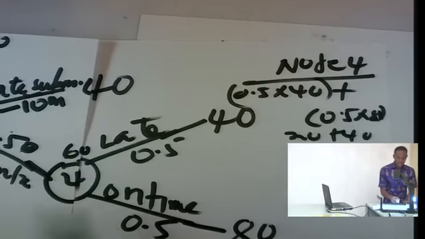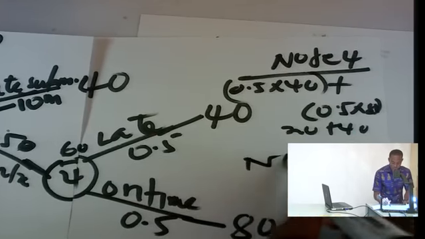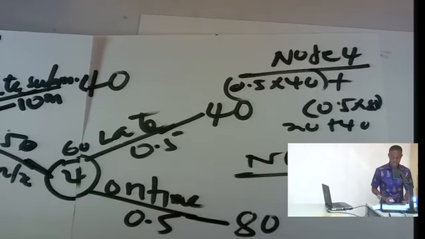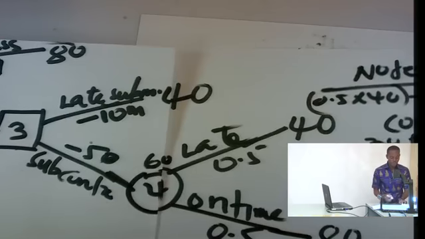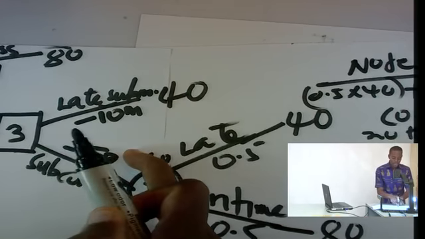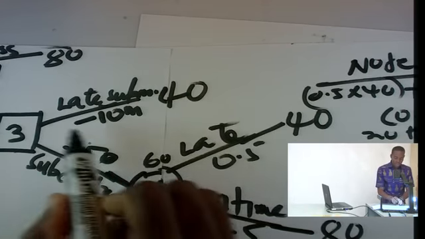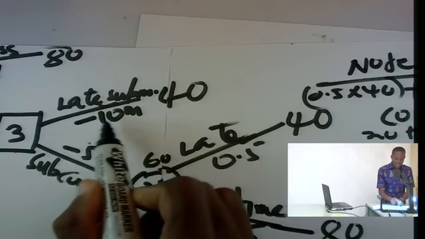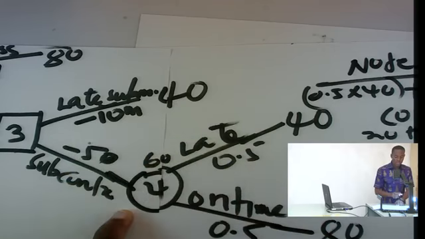So now the next one to do is to evaluate node 3. Okay, I hope you're following. Now node 3 here is a decision node. We have to make a decision, right? So from this point, if it's a late submission, we will earn 40 million. But we must incur a cost of what? 10 million. So what we have here will be 30 million.